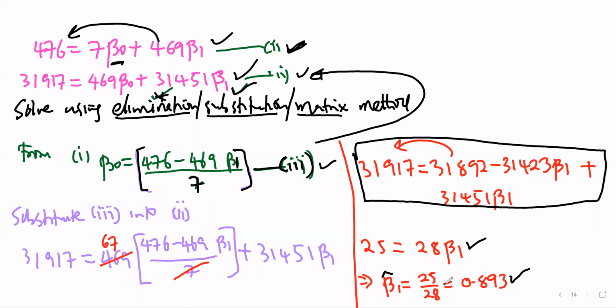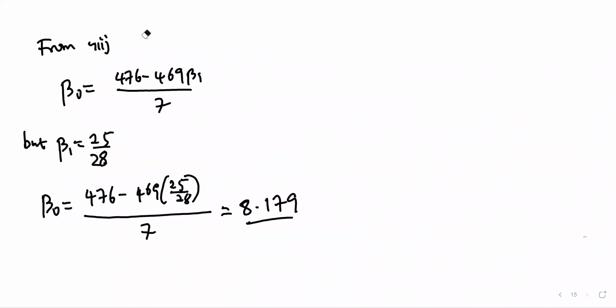Now using this value, you can use either equation 1 or 2 to obtain the value of beta naught. So let's do that. In order to obtain the estimated value of beta naught, we work from equation number 3, where beta naught is given by that.